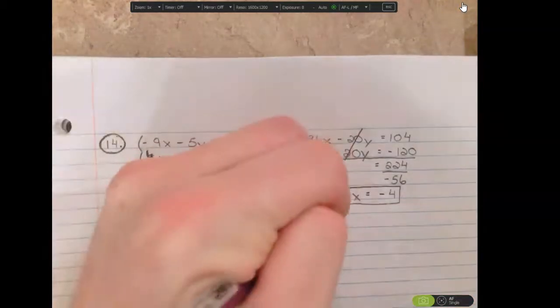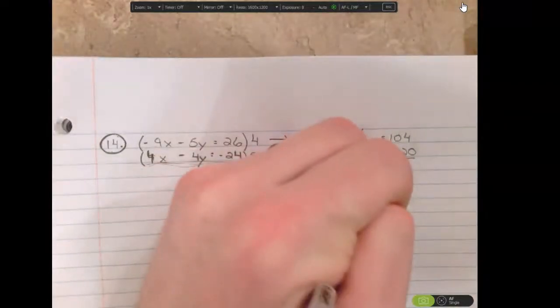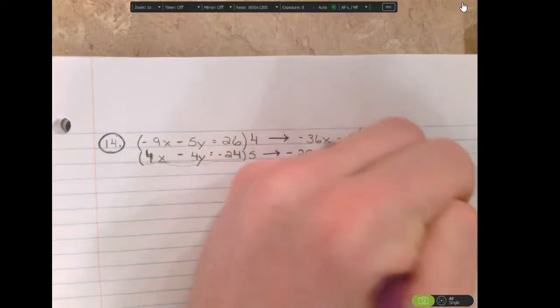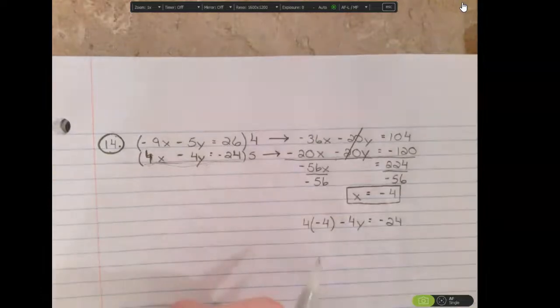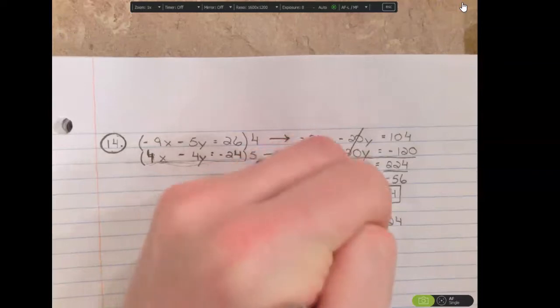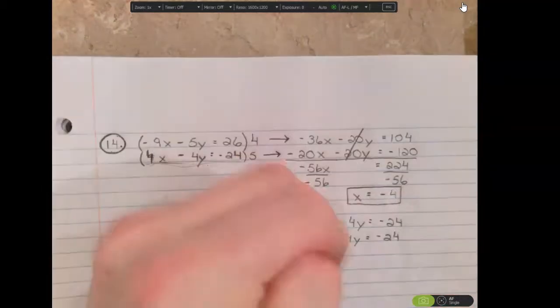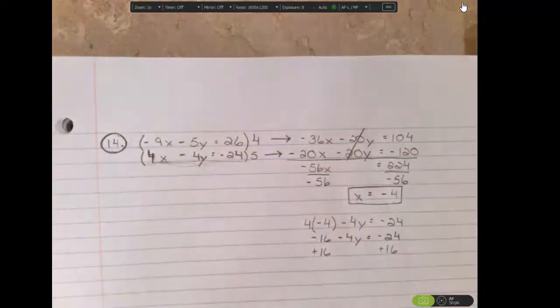4 times, so I'm going to go ahead and insert negative 4 where I see an x, minus 4y equals negative 24. Let's go through and let's simplify. 4 times negative 4, negative 16, minus 4y equals negative 24. I want to then get y by itself, so I'm going to add 16.